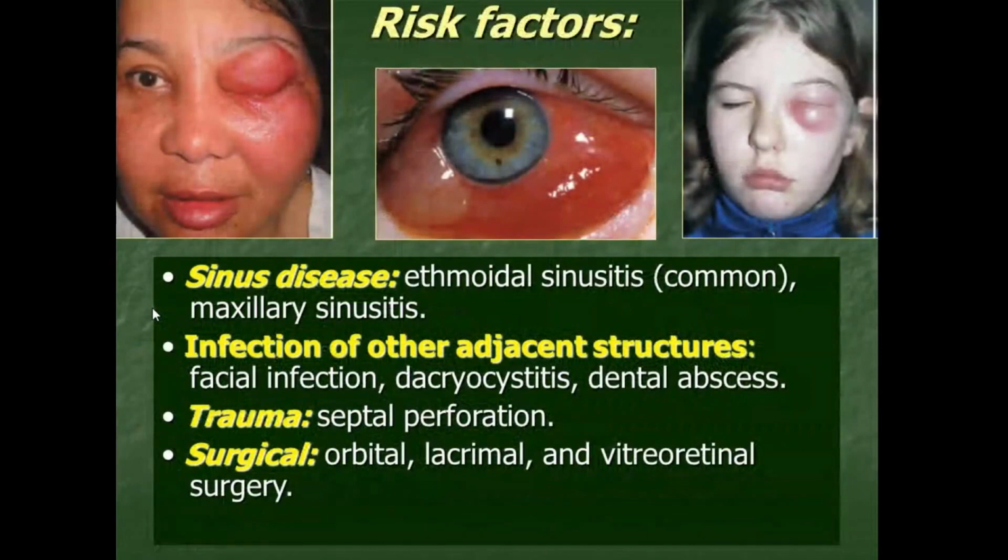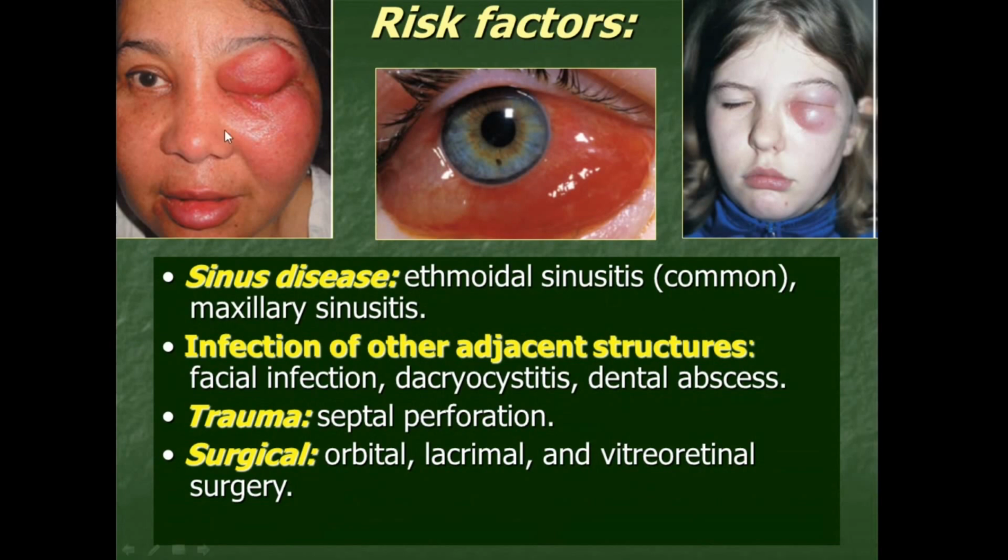The risk factors of orbital cellulitis. At first, it's sinus diseases, infection of the other structures of the face, facial infection, dacryocystitis, dental abscess, trauma, and in the case of surgical trauma, orbital, lacrimal and vitreoretinal surgery may be the cause of orbital cellulitis.